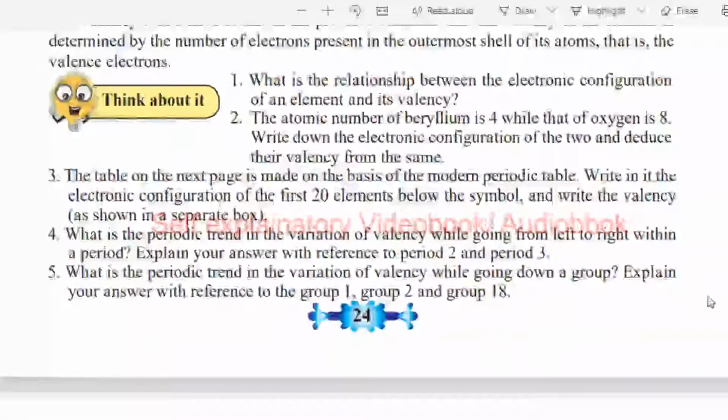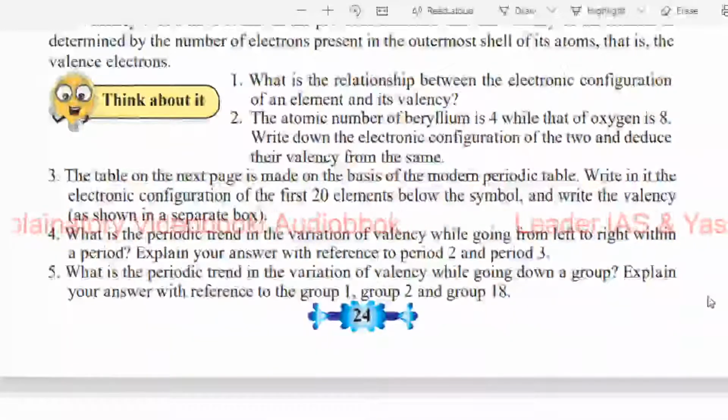Third, the table on the next page is made on the basis of the modern periodic table. Write in it the electronic configuration of the first 20 elements below the symbol and write the valency as shown in a separate box. What is the periodic trait in the variation of valency while going from left to right within a period?